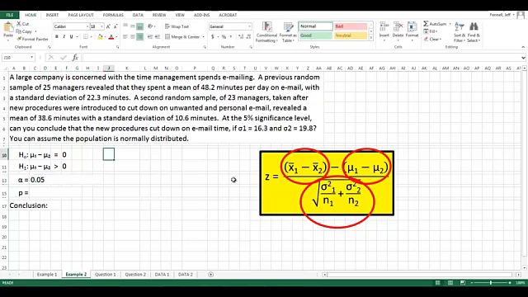So just copying down the given information, we'll need x bar 1, sigma 1, n1, and similarly x bar 2, sigma 2, n2. So for x bar 1, we had a mean in the before sample of 48.2 minutes.